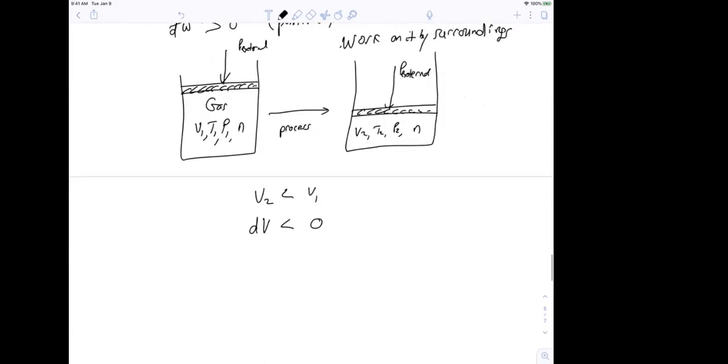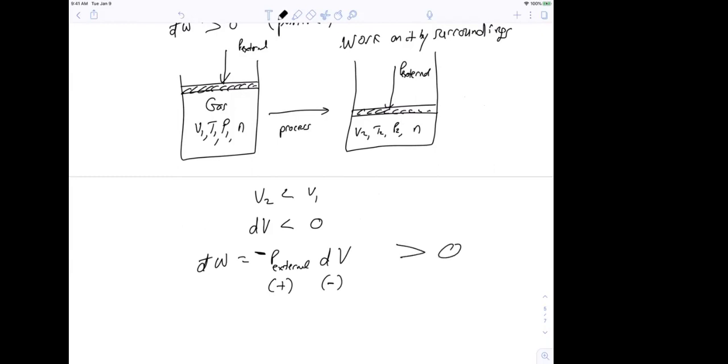Okay, so if we look back at our expression for dW, which is minus P external times dV, we find, and of course pressure is going to be positive. We have a positive pressure acting on this system, so this is positive. dV for this whole process is negative throughout the process, so this is minus. So what we find is that a positive times a negative gives us a negative, and then we multiply it by this negative to give us something that is greater than 0.